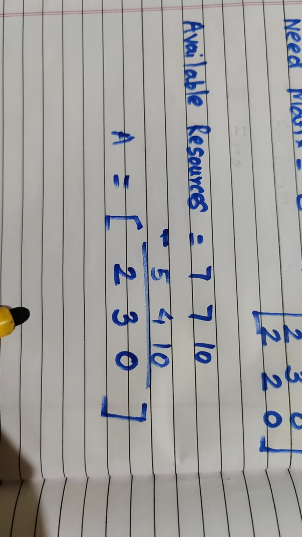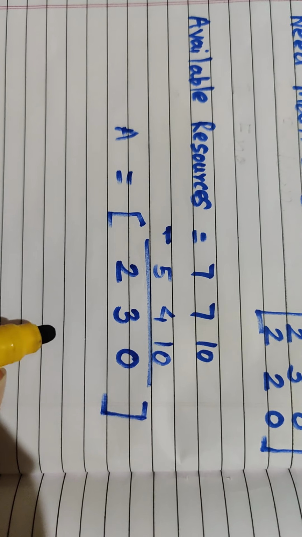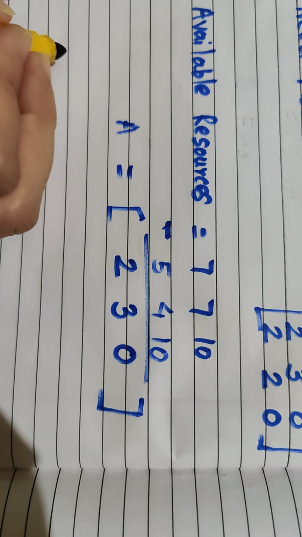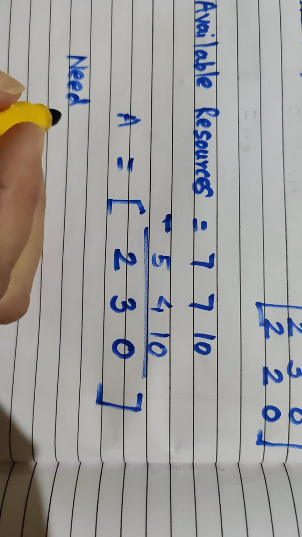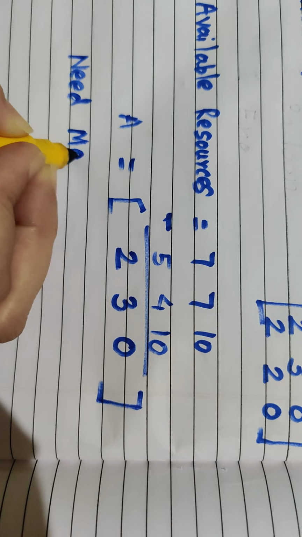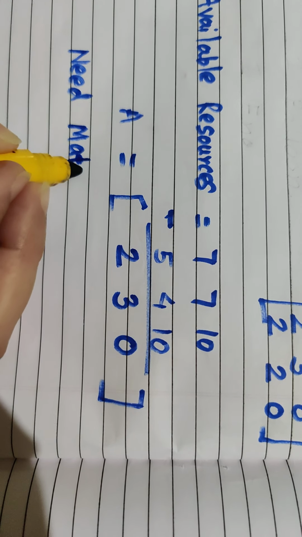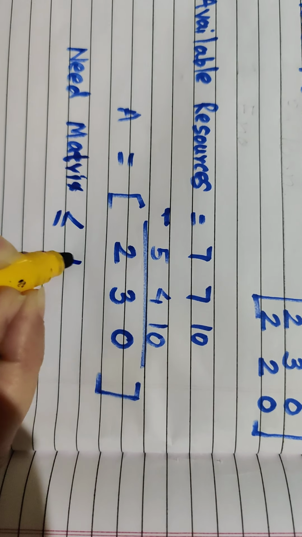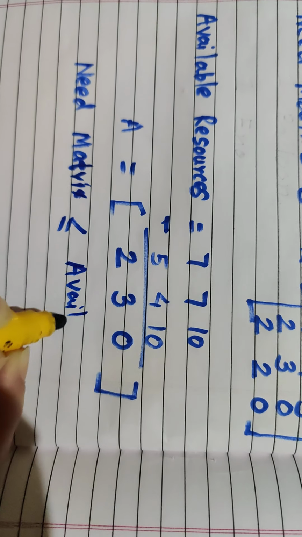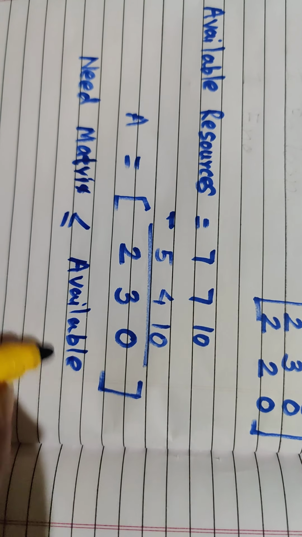So we have to check whether P1 works into a safe state. We have to compare the need matrix; it should be less than or equal to the available resources.